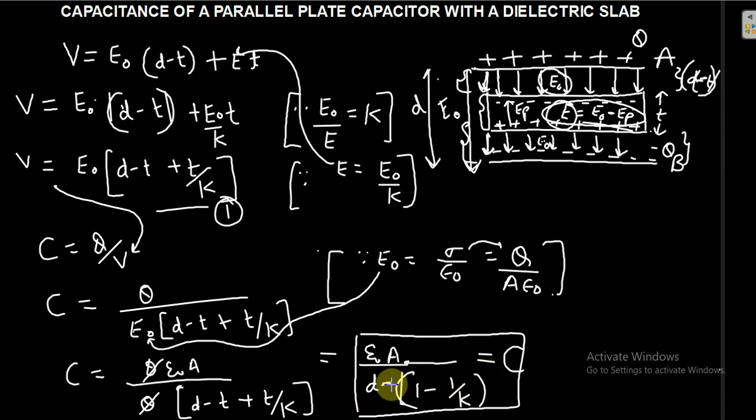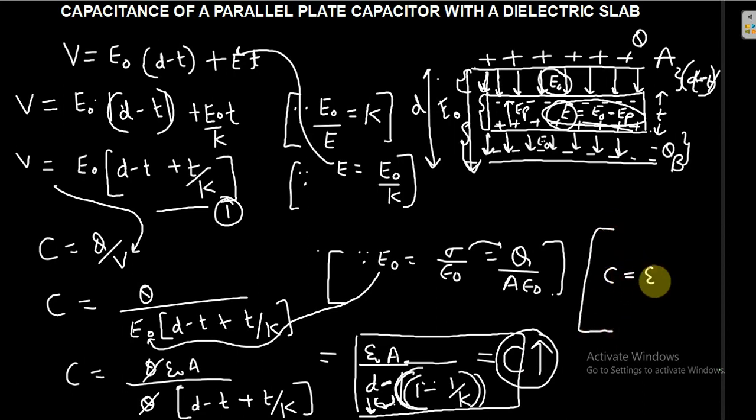If you see this equation, D is in the denominator and something is getting subtracted from the denominator. So if something is subtracting from the denominator, this is a smaller term. It is getting smaller, it is decreasing. So if this term is getting decreased, this will get increased. So that's why the capacitance of a parallel plate capacitor increases when we insert a dielectric slab between the two plates of the capacitor.